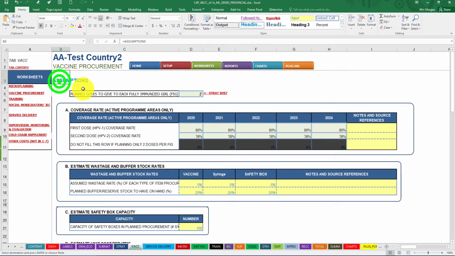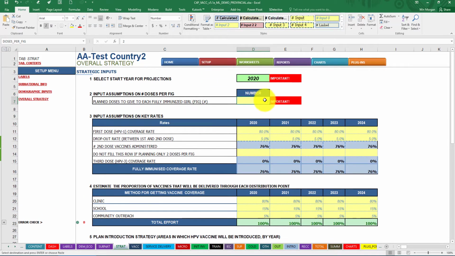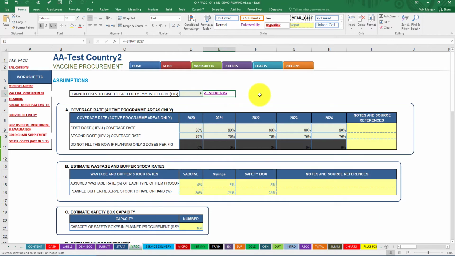We start with the assumption of the planned number of doses that you're going to be giving to each fully immunized girl. It's just going to remind you what you chose, and you chose that in strategy D7 up here. Okay? So that's just going to be a reminder for you.